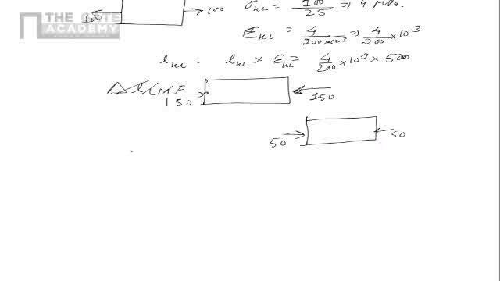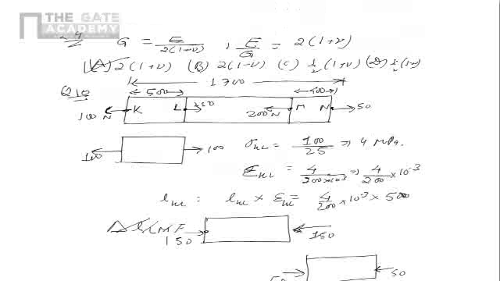So delta LM will be equal to the force in that, which is minus 150, upon 25, that's the area of cross section, into E. E is 210 to the power of 3, into its length. Now what is the length of LM? The length of LM is 1700 minus 500 minus 400.